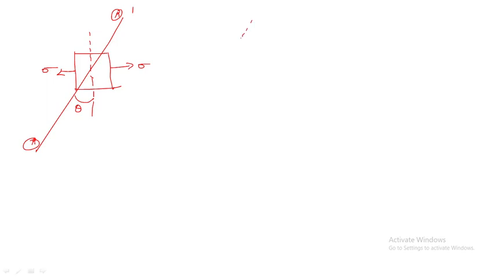For example, if this line is like this, half, if I take only this portion, there is a stress, and this is theta, shear stress, and this one is the normal stress according to that. So this is a dash and this is a.